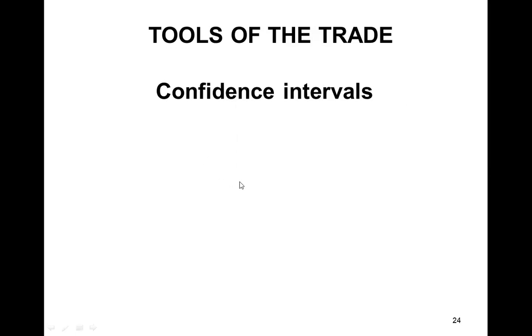So, confidence intervals. I am going to screw with your heads. You've always seen confidence intervals expressed as P is less than 0.05 or P is less than 0.01, and in epidemiology we use confidence intervals very differently. So I'm going to force you to think about it in different terms.